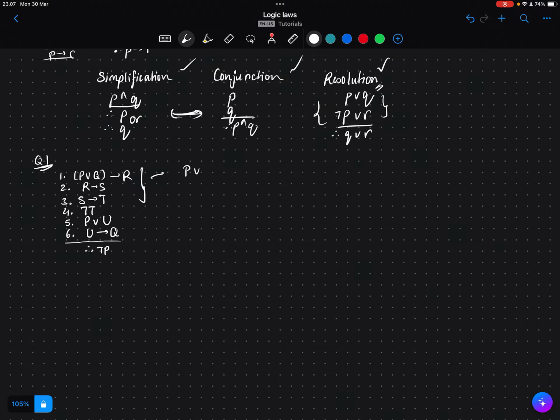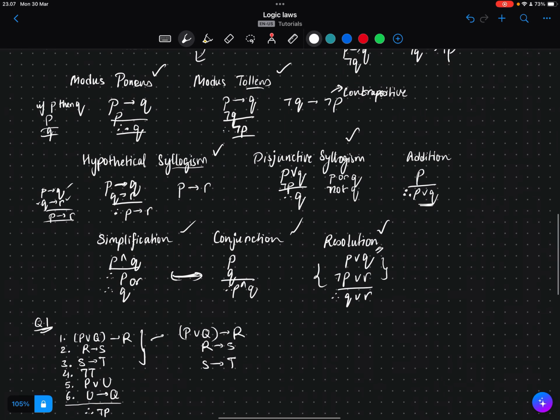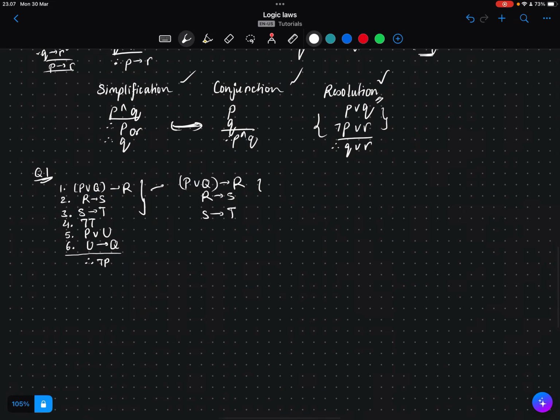If you look at these, P or Q to R, R to S, and S to T. What does that repeat? The same thing. Hypothetical syllogism: P to Q, Q to R, then P to R, right? So we can simplify these two to S, then we would have S to T. To simplify these two, P or Q to T. Now our statement 4, not T.